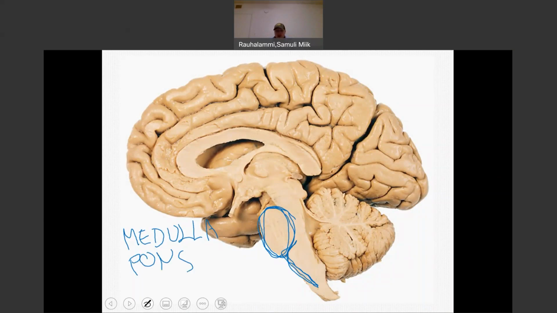So if you remember the, so I'm just putting this the wrong way around. So pons here and medulla here. So make sure you get them the right way around. For some reason I was already running somewhere else in my thinking.